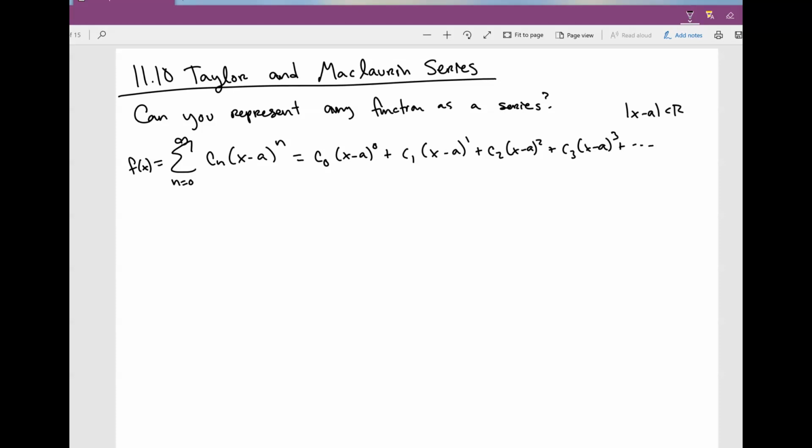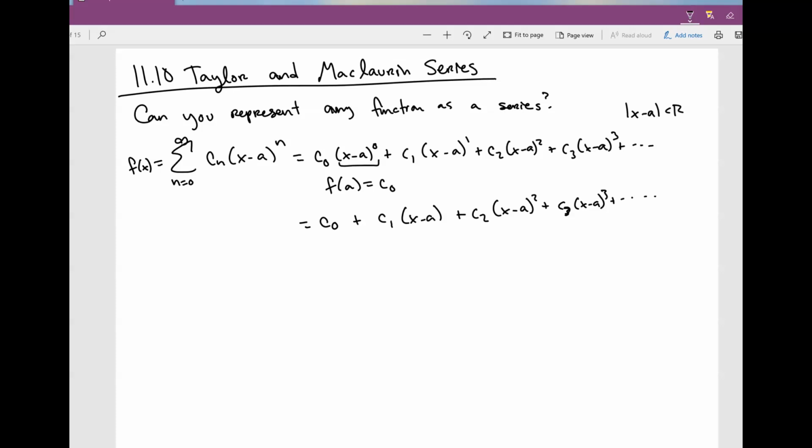Okay, so now notice that f of a is going to be equal to c0, because this thing is just going to be equal to 1. So c0 plus c1 x minus a plus c2 x minus a squared plus c3 x minus a cubed, and so on and so forth.